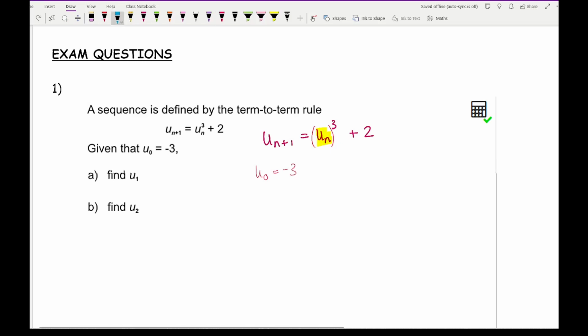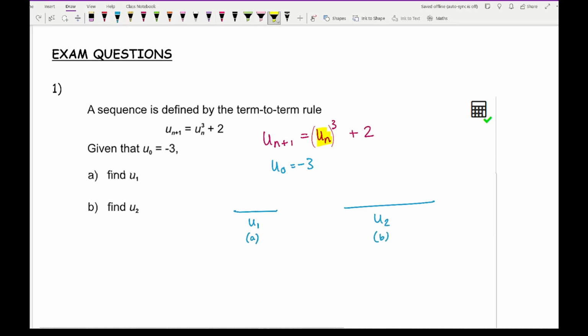So let me just write with a thicker pen. We know that u0 is minus 3. So the question is asking us to find u1 and u2. So I'll write this as u1, which is part a, and then u2, which is part b.